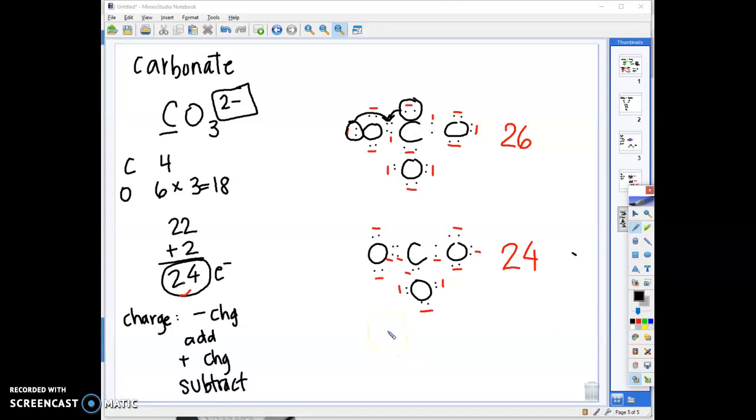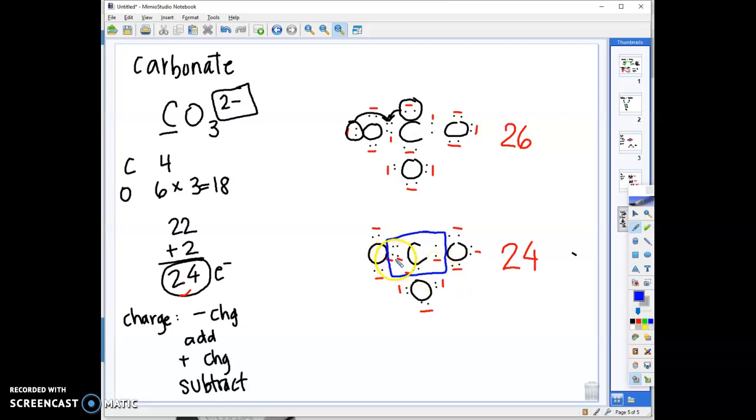So what I'm going to do is look at how many electron domains I have and what type of shape I'm going to have here. So let me get a different color. Remember, I'm looking at electron domains just on my carbon atom here, because I only look at electron domains on my central atom.